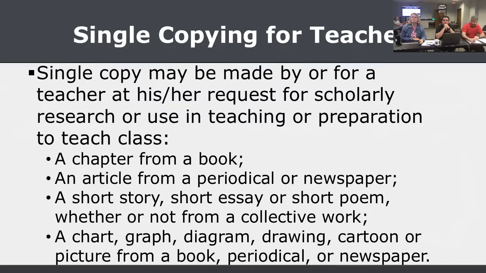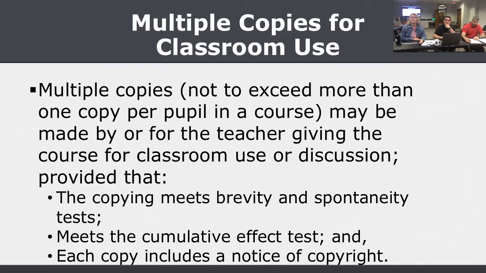But you can't replace a book by just copying chapters from a bunch of different books, if you see what I'm saying. You can use multiple copies, one per kid in the classroom, if it is for classroom discussion and if it's brief and spontaneous, if it doesn't meet the cumulative effect test, and each copy includes a notice of copyright.